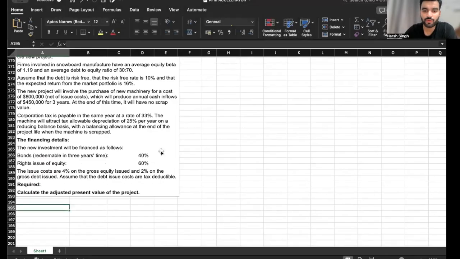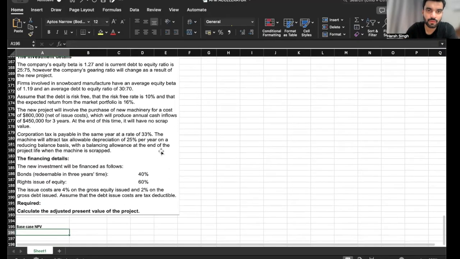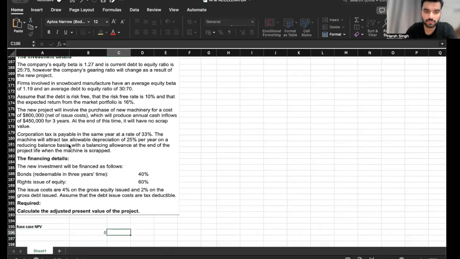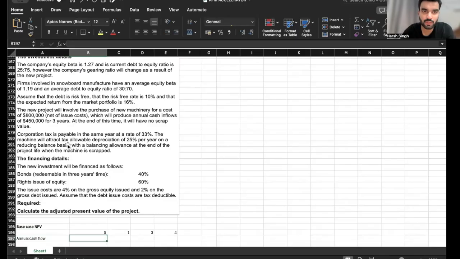First of all, we have to solve for base case NPV. Purchase of new machinery costs, which will produce annual cash flows. Years 0, 1, 2. Annual cash flow is given as how much, everyone? 450.